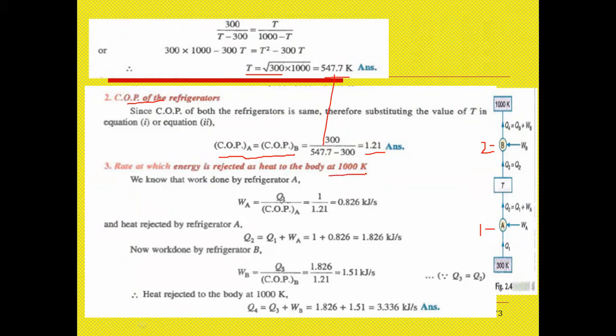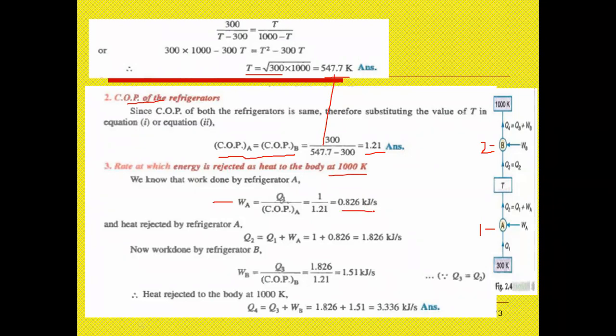The work done at refrigerator A, WA, is equal to Q1 divided by COP of A. So Q1 is equal to 1, divided by COP of A, which is 1.21, that is equal to 0.826 kilojoules per second.